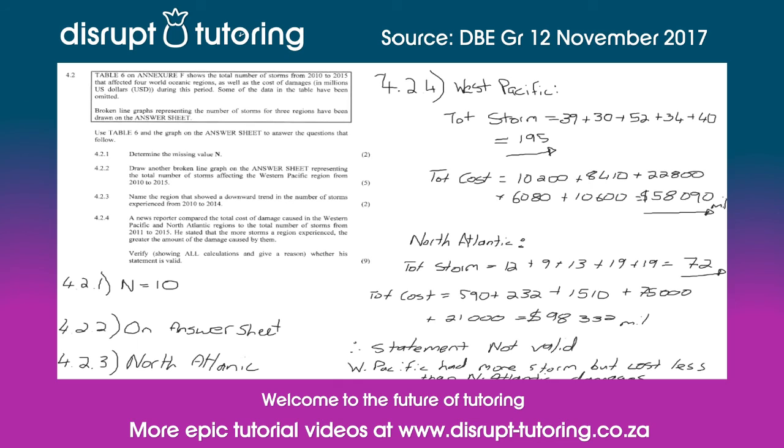Cool. So Western Pacific had more storms but cost less than the North Atlantic damages. So we just verified that this reporter's statement was incorrect. And that's a wrap for 4.2.